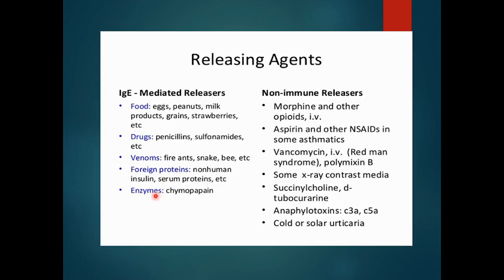So these are the IgE mediated releasers of histamine, and these are non-immune releasers. Under this category comes morphine and other opioids, aspirin and other non-steroidal anti-inflammatory drugs, vancomycin, succinylcholine, etc.